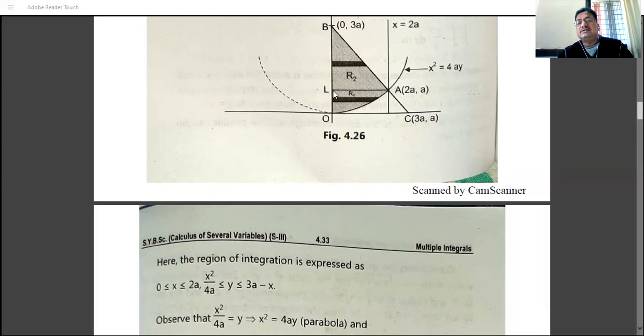And that's why the strip touches two curves in covering this region.